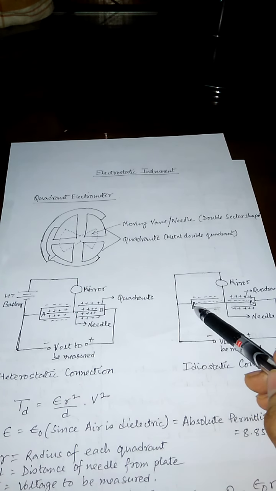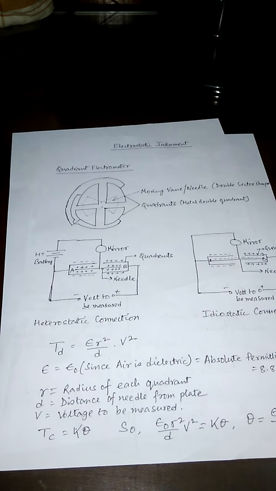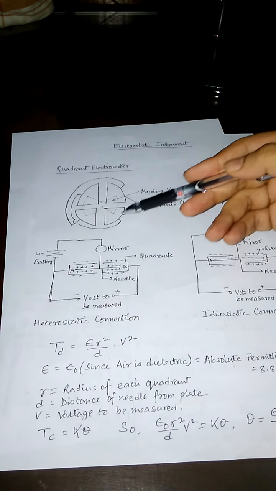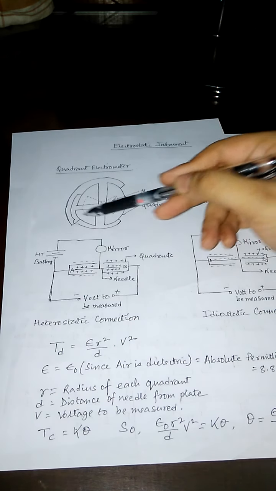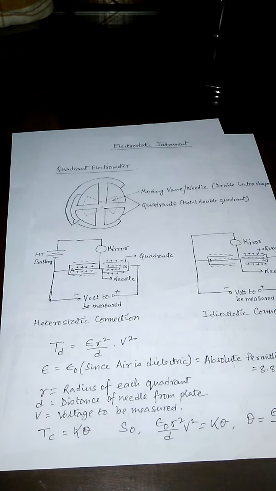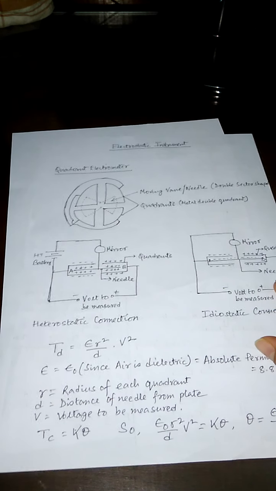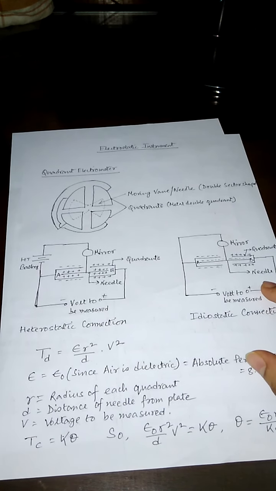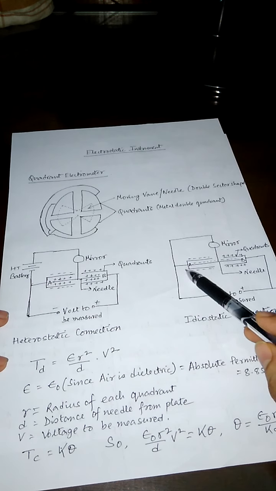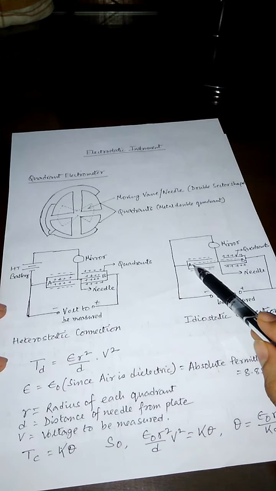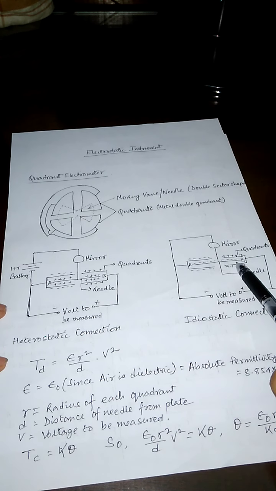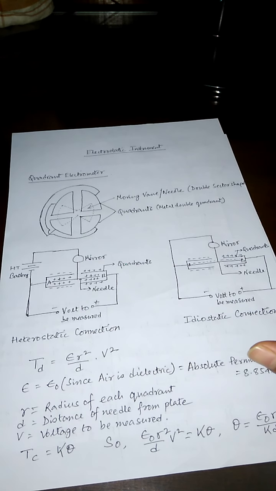Now this is the actual connection part. The quadrant electrometer obviously has some quadrants. There are four fixed quadrants, and there is a moving vane or needle that moves here. So why does this vane move between the fixed quadrants? The working principle is that if we apply this voltage between the needle and the quadrant, then due to the accumulation of charge, an electrostatic force appears.